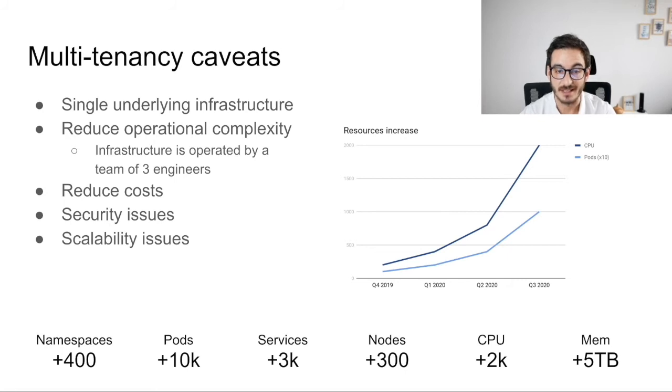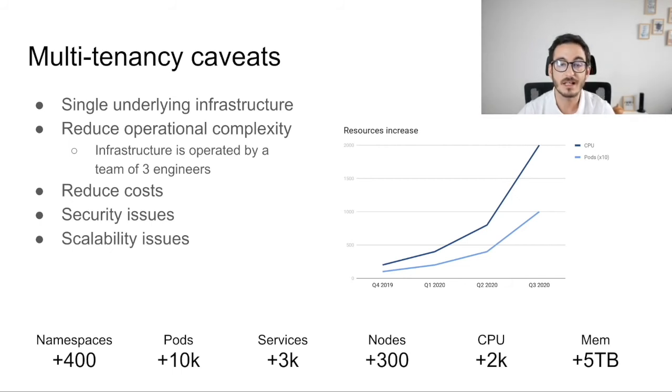Implementing our stack in a single Kubernetes cluster reduces operational complexity. Infrastructure is managed by a small team of 3 engineers. It helps us to reduce cost as we are able to efficiently allocate resources and share control and monitoring planes.